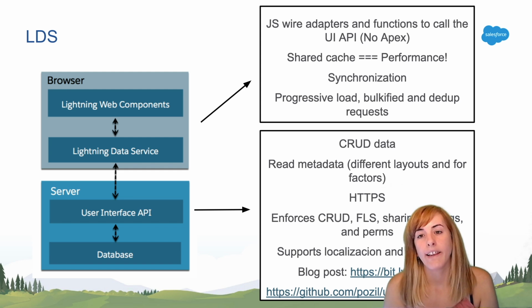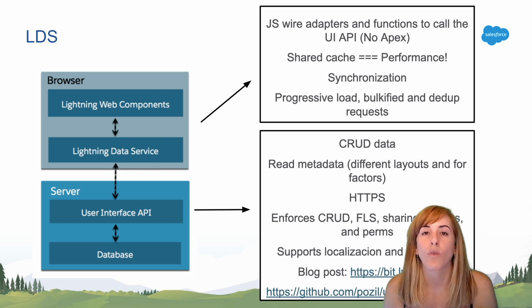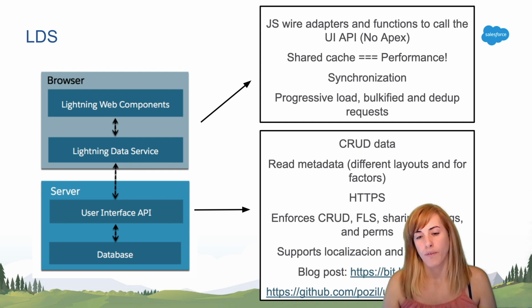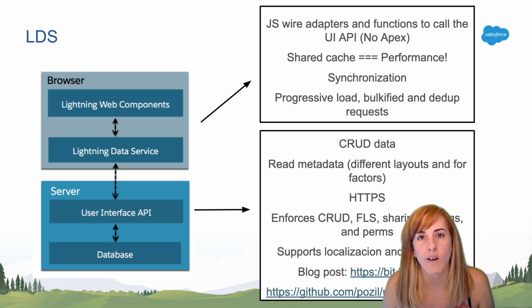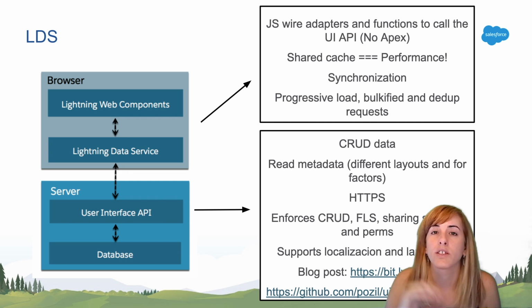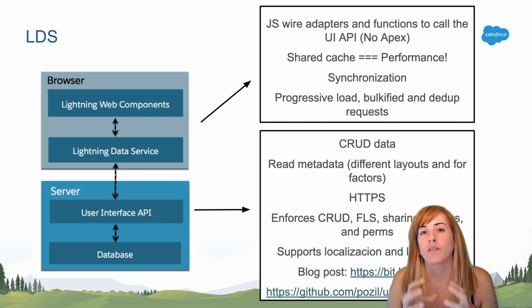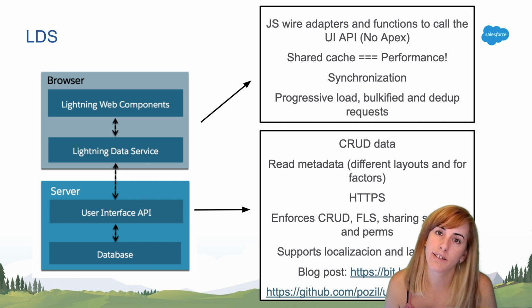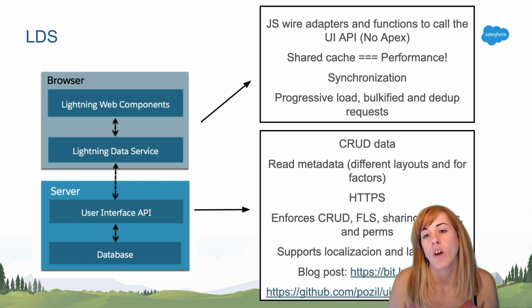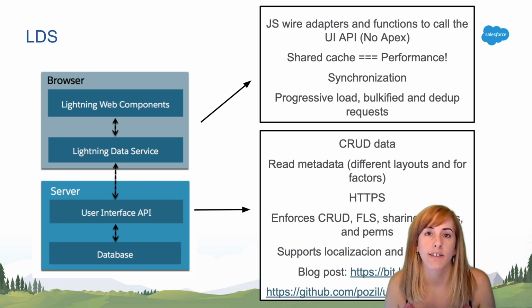Also, the Lightning Data Service has synchronization capabilities. That means that if several components in the same page are working with the same record and one of the components changes that record using Lightning Data Service functions, the Lightning Data Service functions are going to mark that record as stale in the cache.